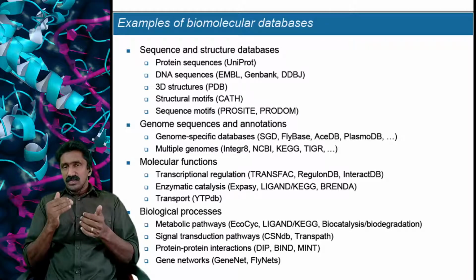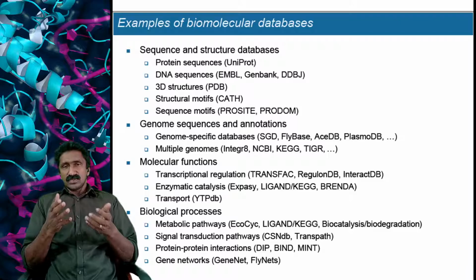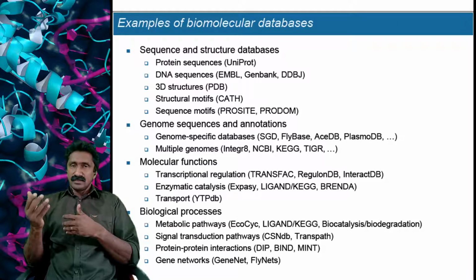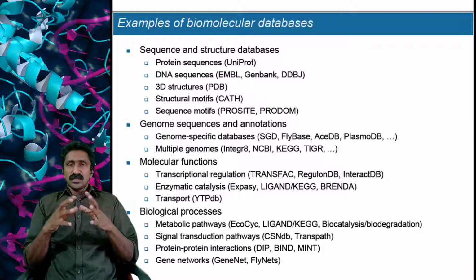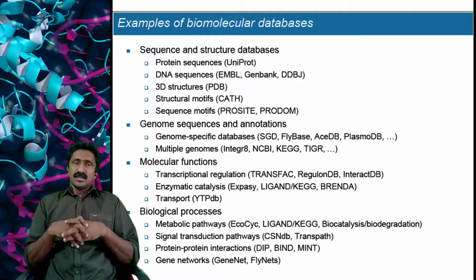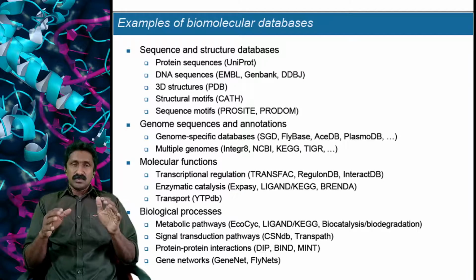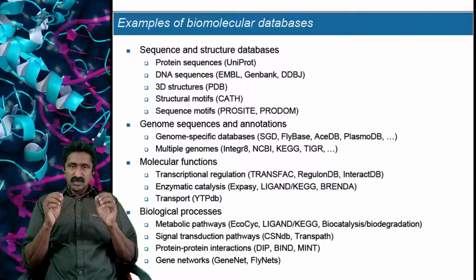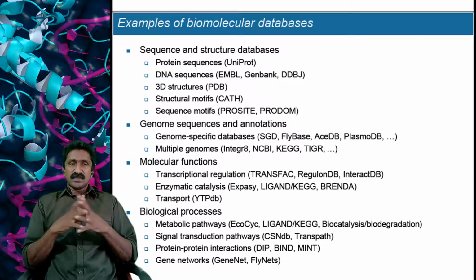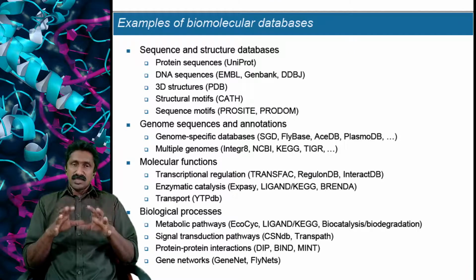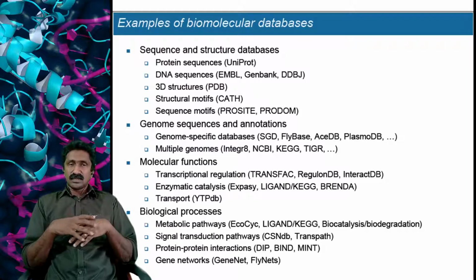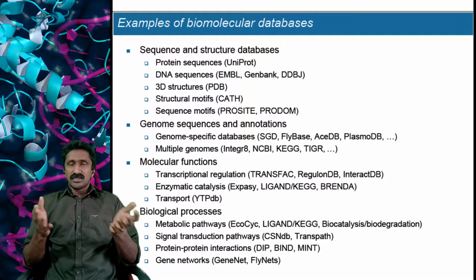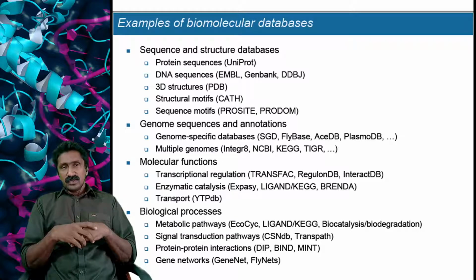Now, multiple genomes are present in Ensembl or NCBI, KEGG, TIGR. So these are some examples of databases in which multiple genomes, or genomes of many organisms, are stored. So genome-specific or species-specific databases are there, and even some databases contain genome sequences of all organisms. Okay, complete genome sequences of all organisms.